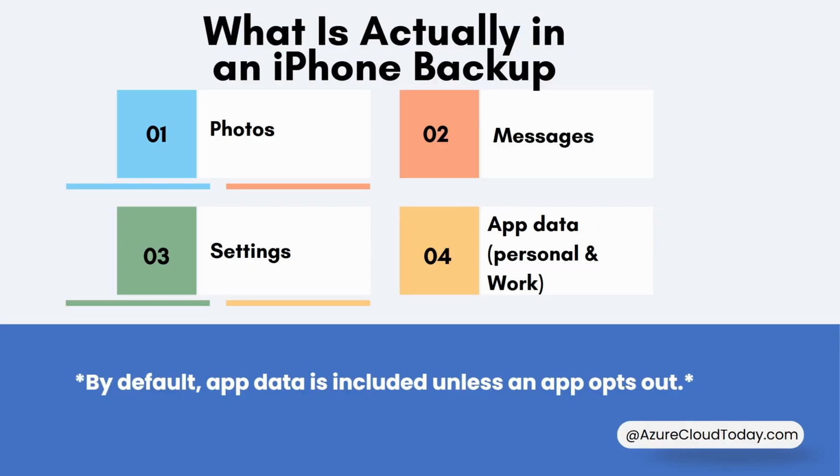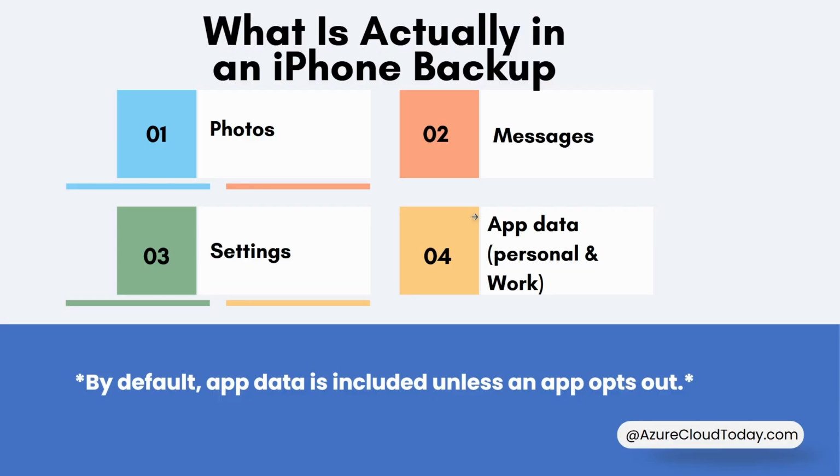Now think about where that backup lives. It lives on a personal phone and goes to the user's own iCloud account, which is also their personal Apple ID, and it's not the company's one. So, your IT team cannot manage or control what goes in over there. That is exactly the gap we are closing today.